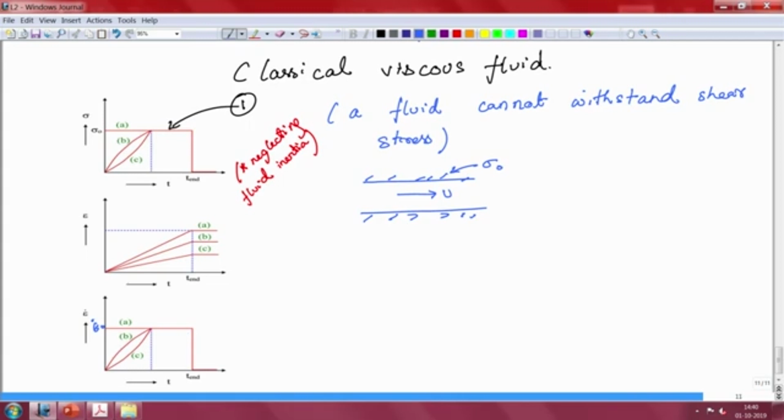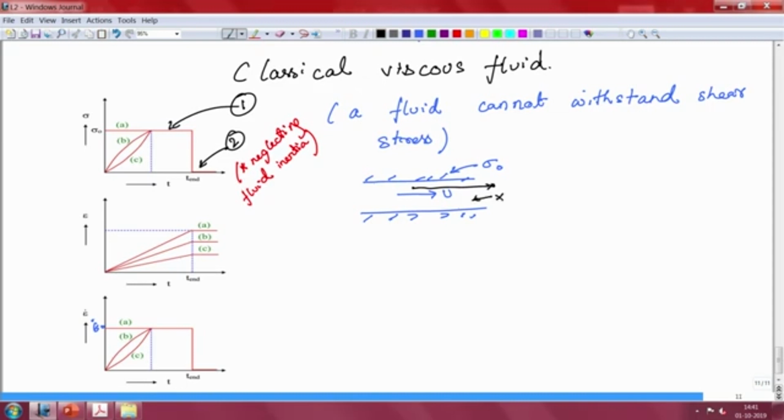And then the moment you release the stress, which is this test, the flow stops. So, the strain, which basically is a measure of flow, also stops immediately. But the strain value stays: if a fluid element has moved from one point to another due to your application of stress, it is not going to move back.